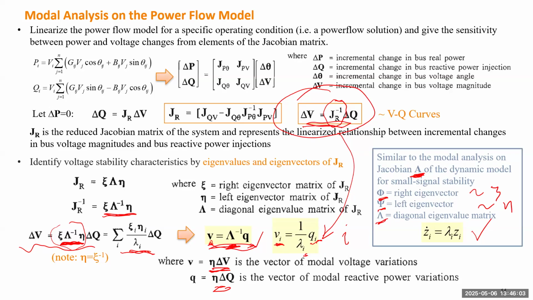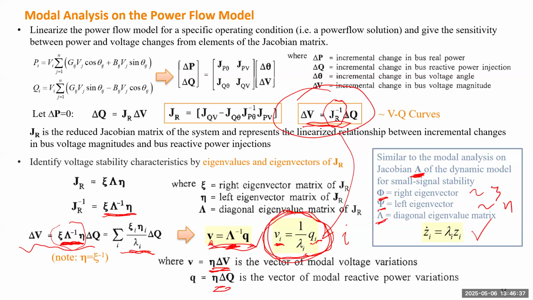So this one is characterized by a single eigenvalue lambda. Here we generate a decomposed version of the power flow, and this one characterizes one single mode of voltage stability. If every lambda here is positive, the entire system is stable in terms of voltage everywhere. But if any lambda becomes 0 or negative, the system will become unstable.